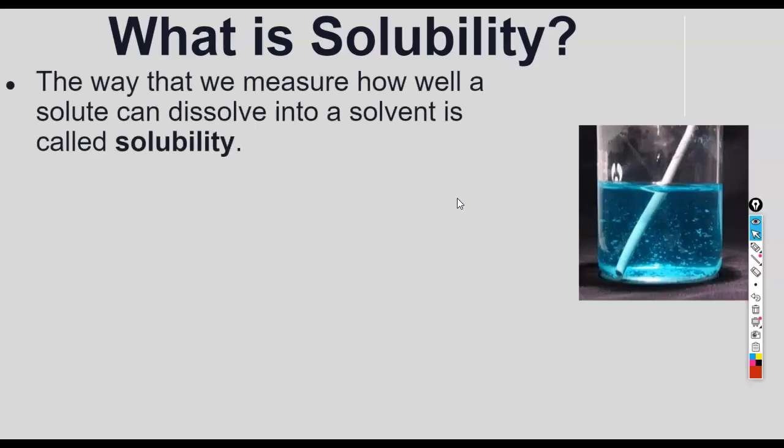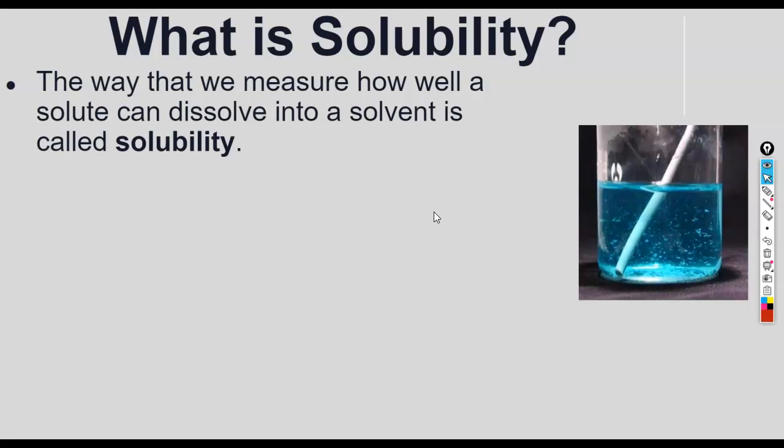Okay, so now that we know what a solution is, a solution has a solute, it has a solvent, it's a homogeneous mixture. The most common solvent is water, but not always. Now we can get a little more focused in this set of notes and talk about something called solubility. When we talk about a solution, we're talking about a solute that is dissolved into a solvent.